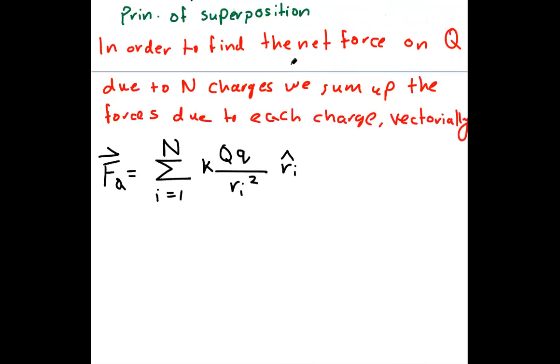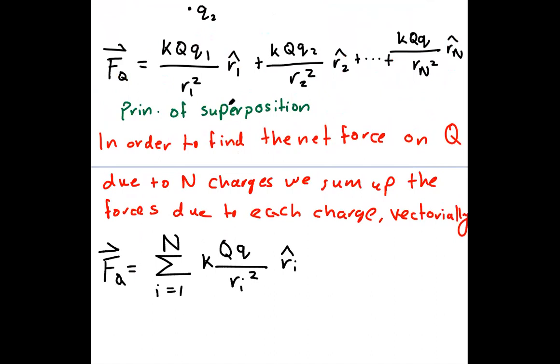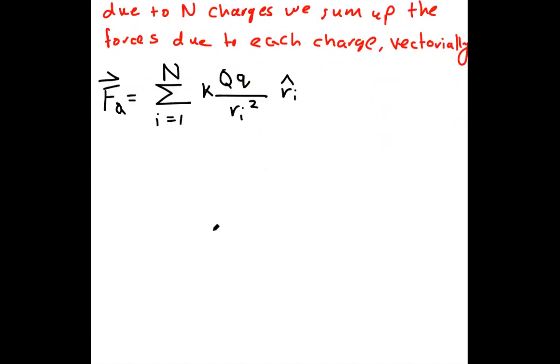How does this make sense? Well, starting at i equals 1, KQQ over R1 squared times R1 hat, that matches the first part. Then we go to i equals 2, so KQQ over R2 squared times R2 hat. We sum that with the previous value, and we keep on going until we reach the nth value. So we get this nice, cleaner representation of the same thing that we wrote over here, just in summation form.